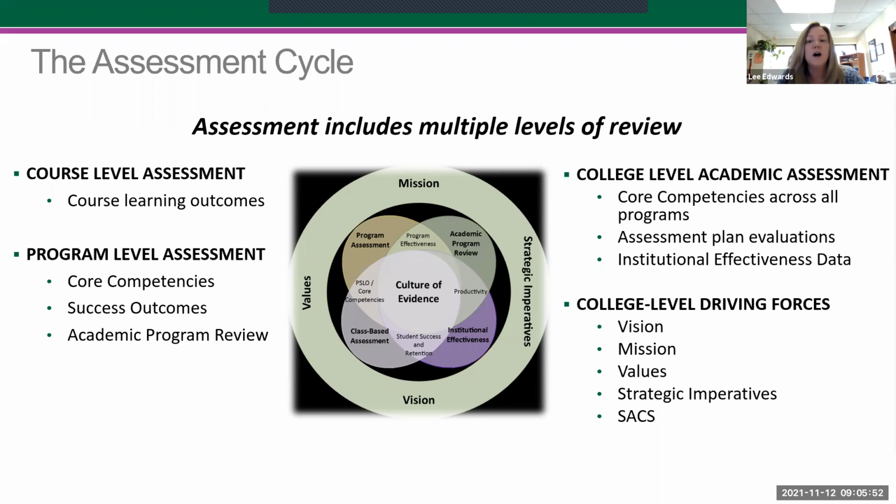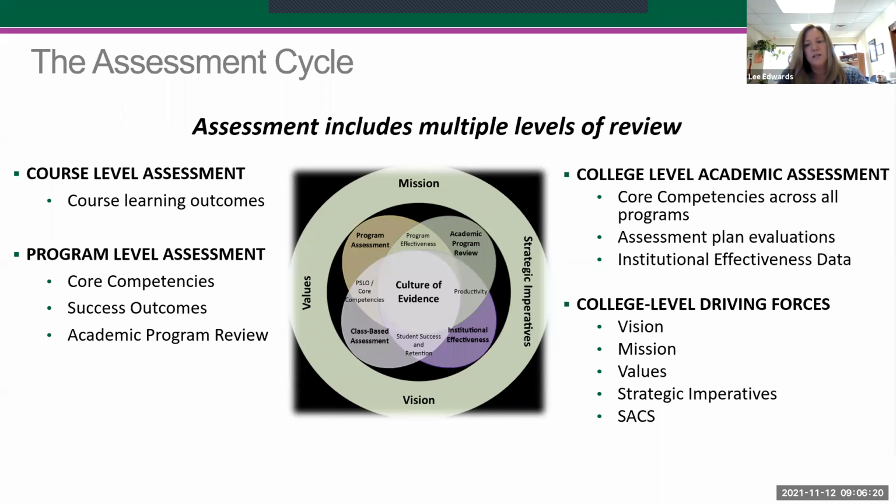When you look at the whole college level assessment, we start bringing in core competencies across all the programs. That's why people were sending core competency information to Anna Scott. We're going to compile all that. We look at the assessment plan evaluations and bring that all in and look at it as an institution, so institutional effectiveness data.